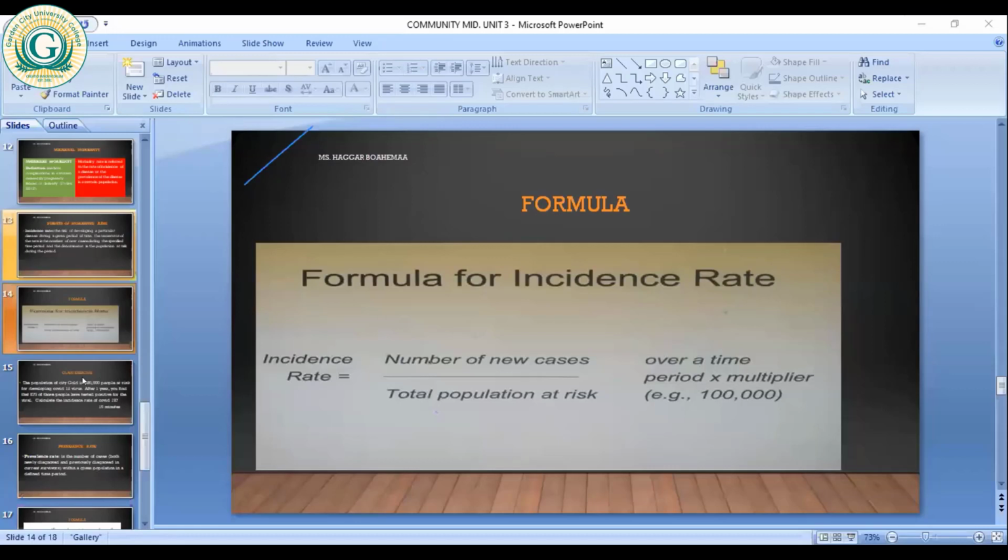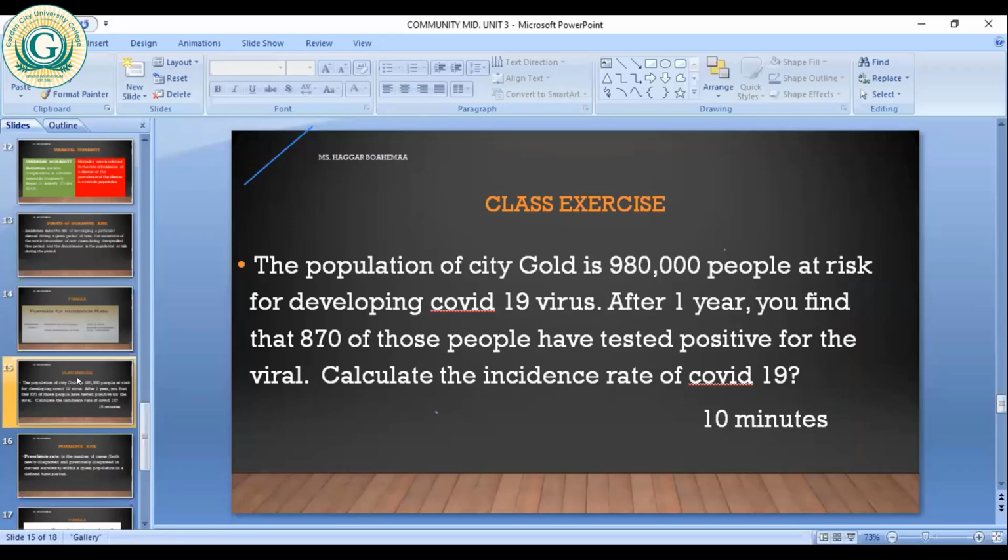So let's go. So, sister, we said the incidence rate is the number of new cases over a period of time divided by the total population. And here our new cases is total population at risk. Good. So our new cases is given to us as 870.